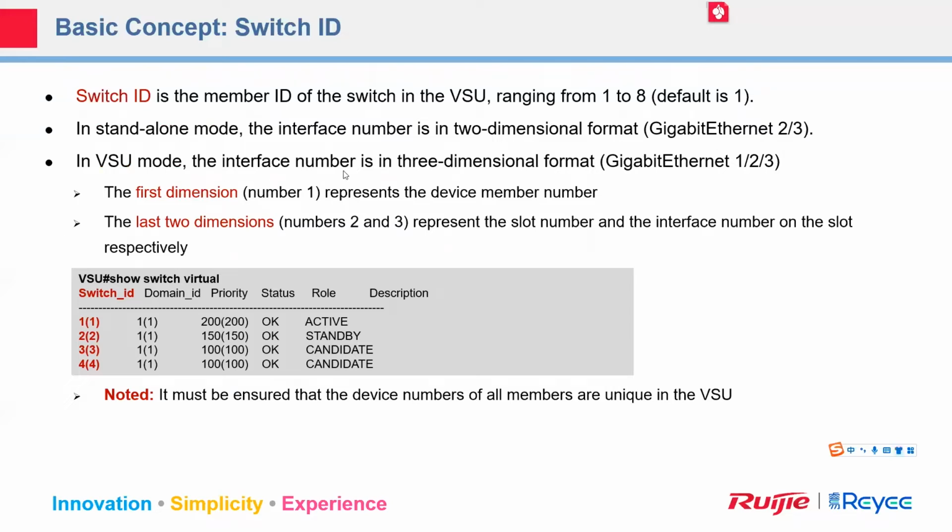But in the VSU, we will add one more number like 1/2/3. The first one is the switch ID, the second one maybe is the slot ID, and the third one is the interface ID. So the first part is the switch ID. All the switch IDs should be unique in the VSU.